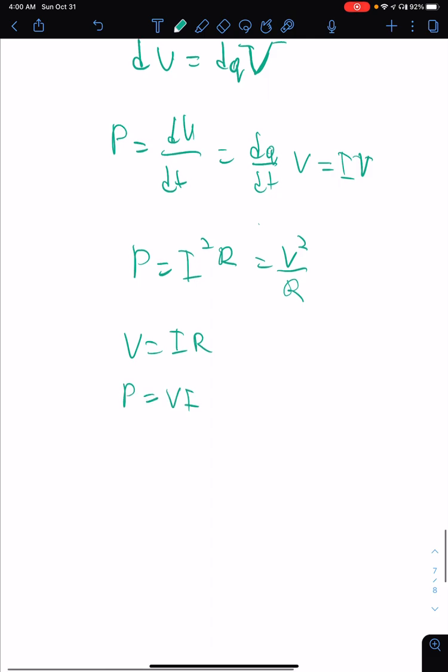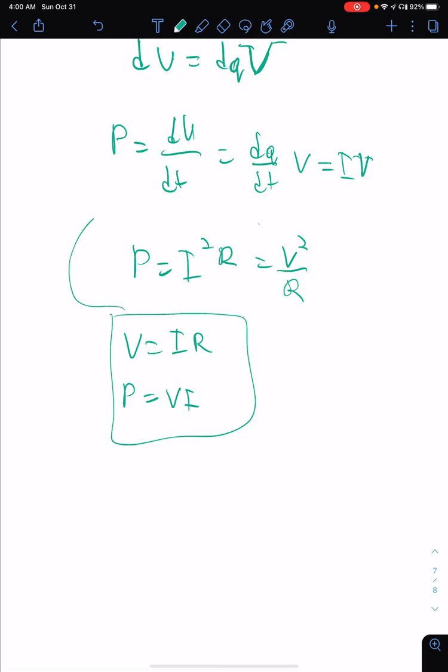And then you could derive most of your equations from this. And just knowing that potential energy is V times Q, that U is VQ, also just proves all of the points for everything.